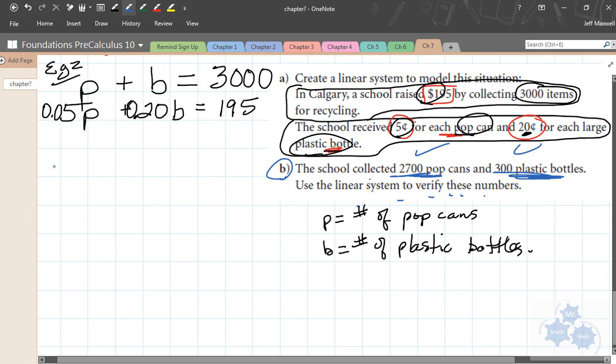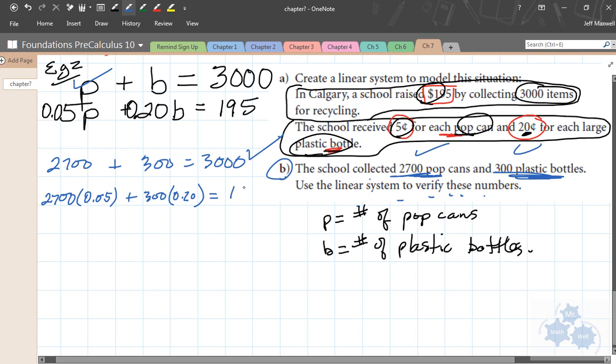And so I'm going to do this. 2,700 plus 300 equals 3,000. Is that true? Yes, that is absolutely true. So that satisfies equation number 1. Now I'm going to do this. 2,700 times 0.05 plus 300 times 0.2. That should equal 195. You see how I plug those values into the second equation?